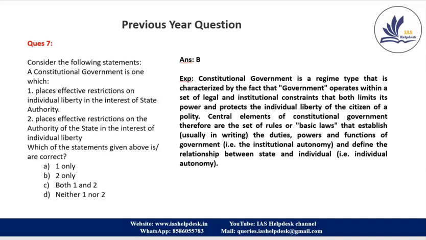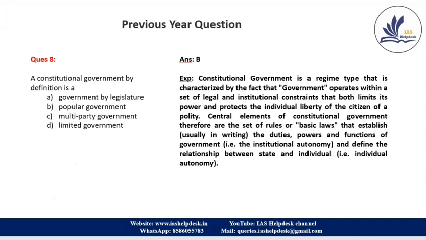Then central elements of constitutional government, therefore, as the set of rules of or basic laws that establish the duties, powers, and functions of government and define the relationship between state and individual. तो यहाँ पर जो फर्स्ट ऑप्शन है, it says constitutional government, it places effective restriction on individual liberty in the interest of state, जो कि गलत है. So here option B is our correct answer.